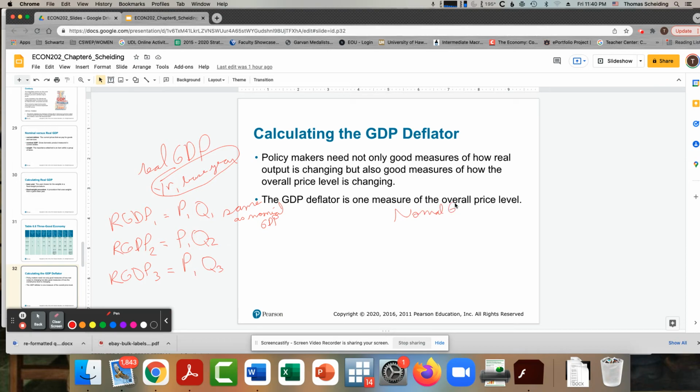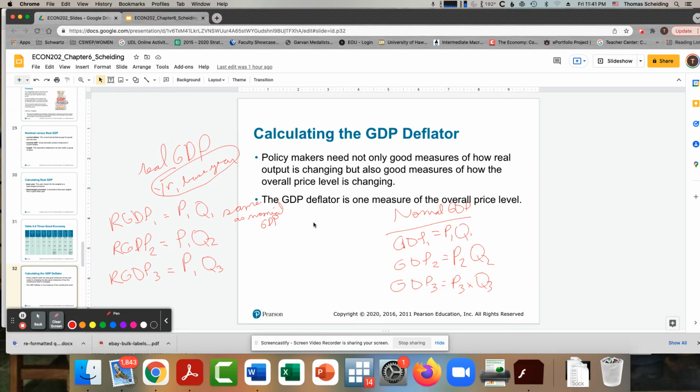Nominal GDP in year 1 is P1 Q1. Nominal GDP in year 2 would now be P2 Q2. Nominal GDP in year 3 would be P3 times Q3.